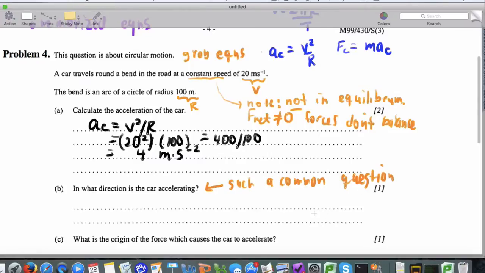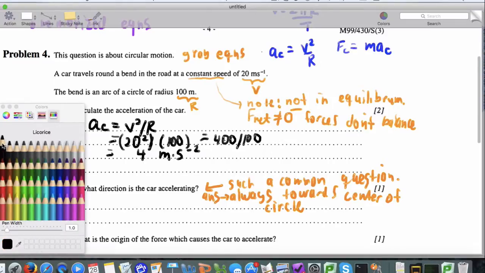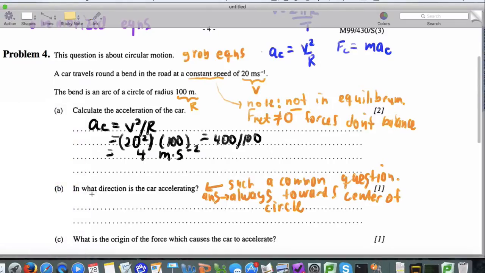And the answer is always towards the center of the circle. That's the whole point of circular forces. So I know I wrote that in orange just to capture the teacher thought, but I want to write the actual answer here. So towards the center of the circle.